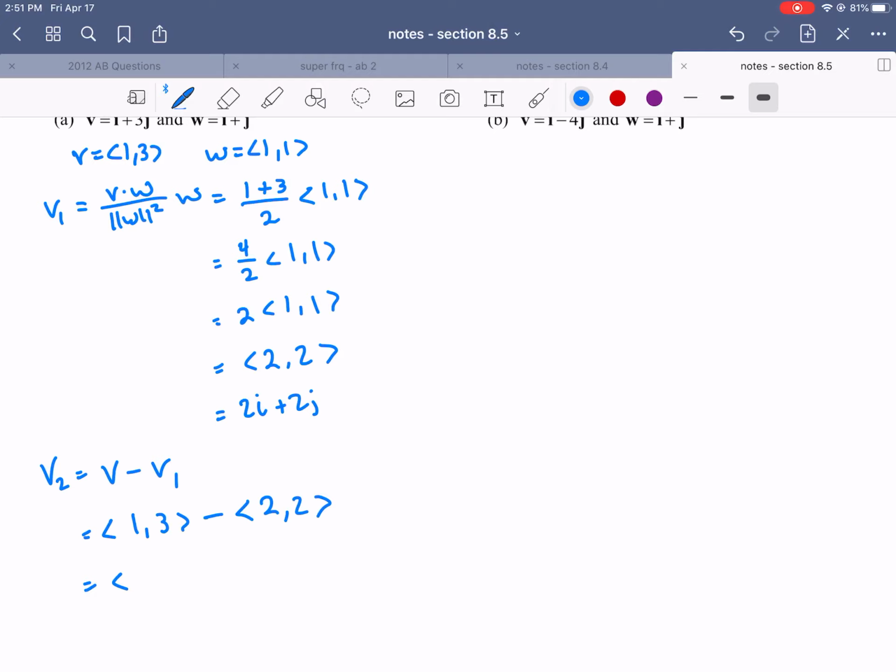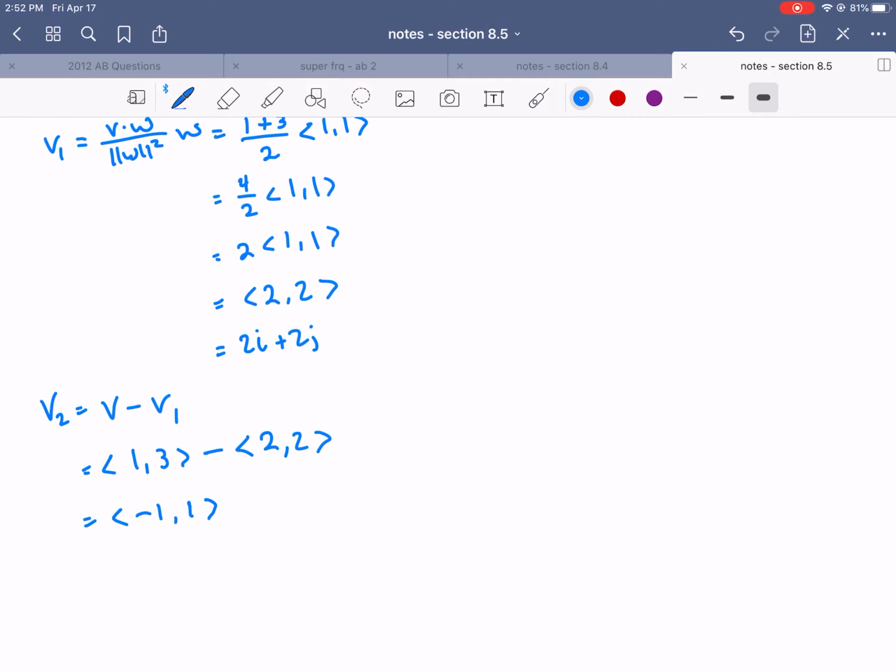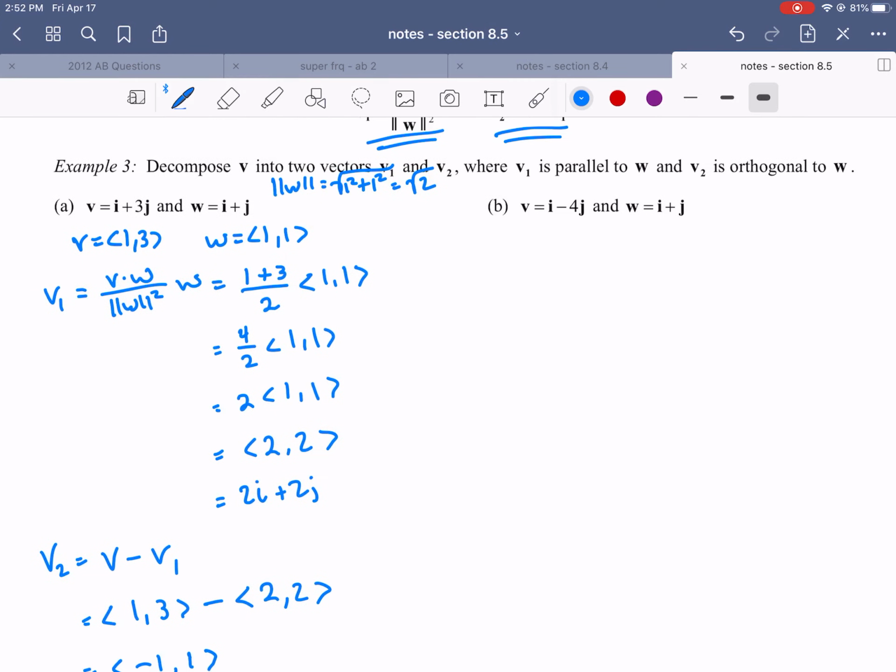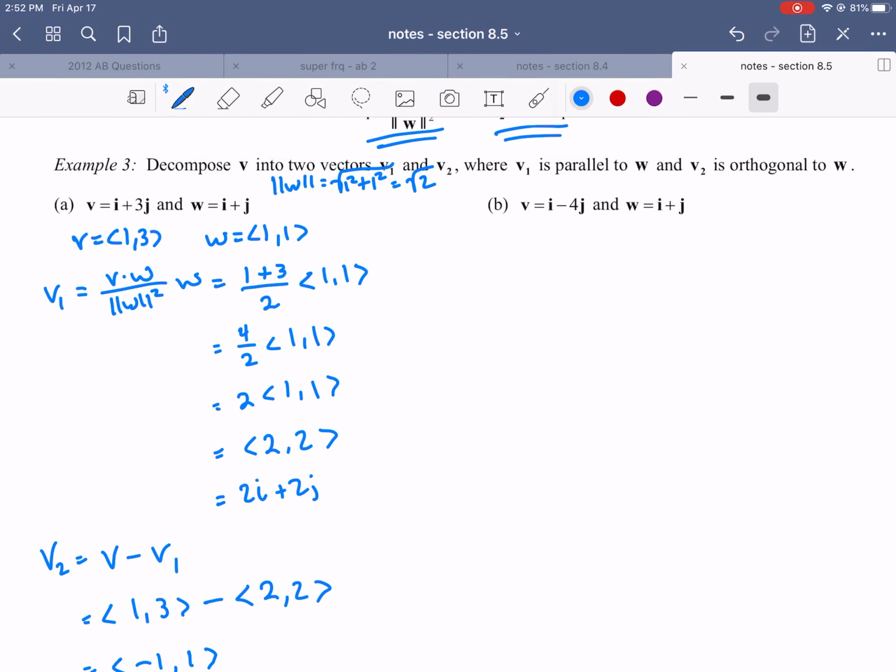And so if I look at the first components, 1 minus 2 is negative 1, and 3 minus 2 is positive 1. And so therefore, this is going to be the vector negative i plus j. Okay, so that'll do it for example A. I'm going to let you try example B by yourself, and then I will give you the answers after you pause the video and give it a shot.